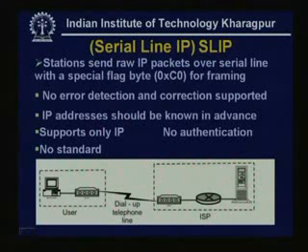In this case the station sends raw IP packets over the serial line with a special flag byte 0xC0, and of course, if it appears in the IP frame, then you have to use a suitable technique so that it is not repeated in the IP frame.